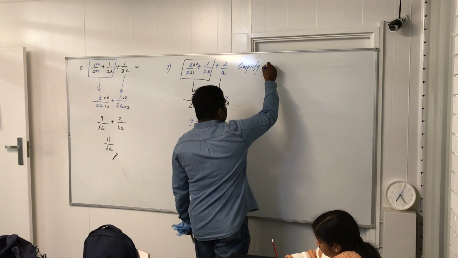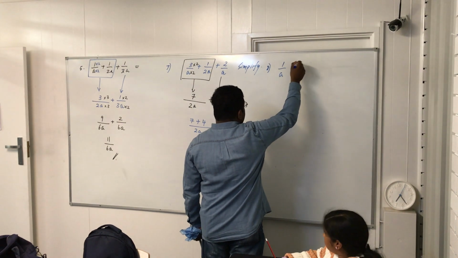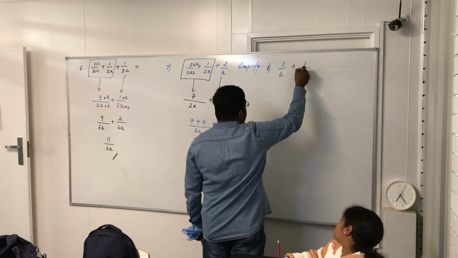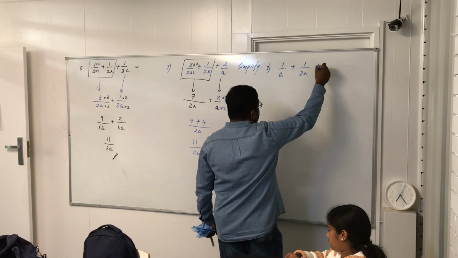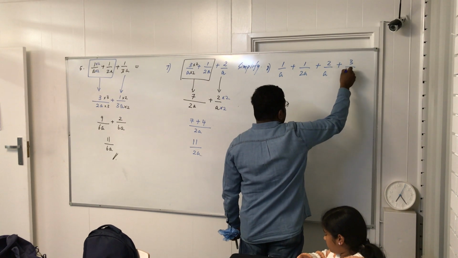Okay, 8. Now we'll do this one. 1 divided by 8. 1 divided by 2a. 2 divided by 8. 3 divided by 2a.